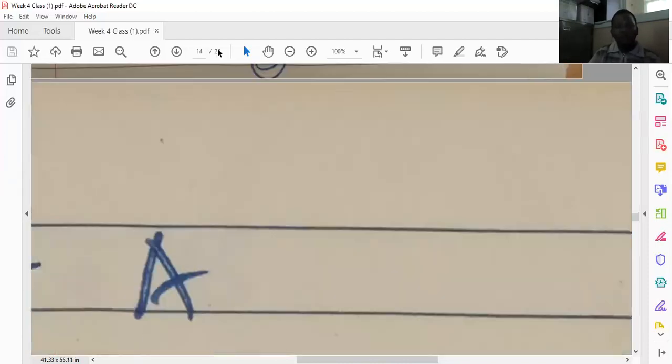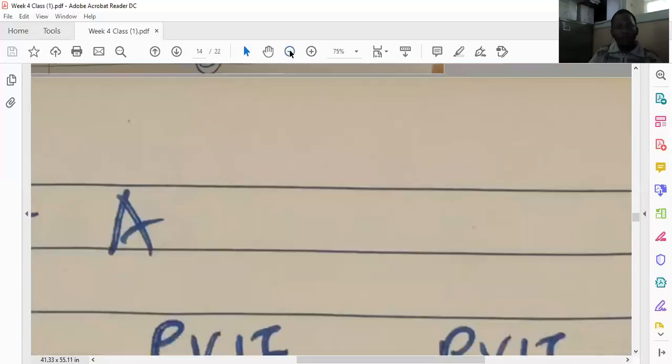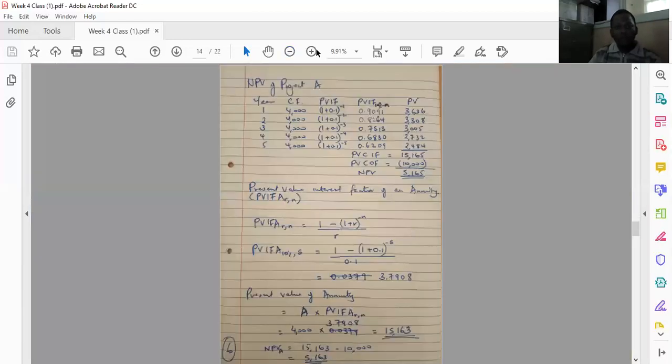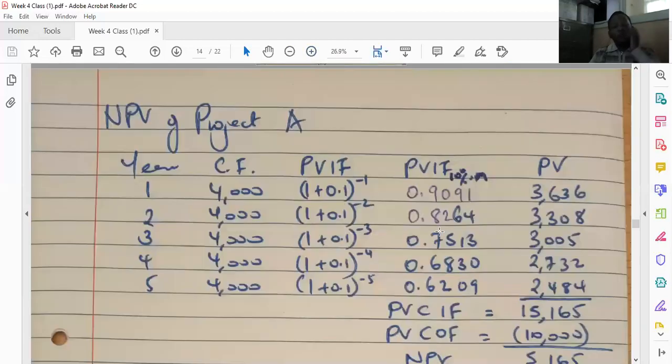So we move back to our question and calculate the NPV. To get the NPV, we discount the cash flows. To discount the cash flow, we multiply by 1 over, in brackets, 1 plus the interest rate raised to the power of -n. In our case, the equation gives us the rate of 10%.